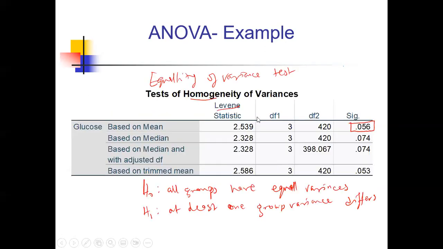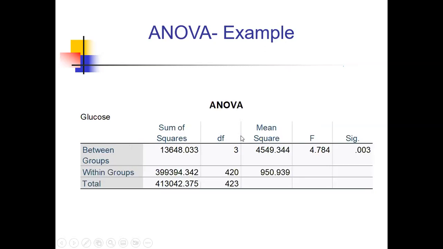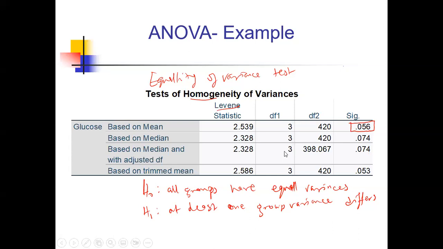But if the variances are not equal, if the p-value here is less than 0.05, which means we reject the null hypothesis, which means we are saying one of the variances is bigger than the other ones, then the table you interpret is this one, the test of equality of means. Okay, so these are the kind of things I'll be checking for in your assessment to know whether you know which table to interpret. So once we conduct this test, that's why you must do the test first. Once you have the test done, and you know which table to interpret, you go ahead and interpret the table.